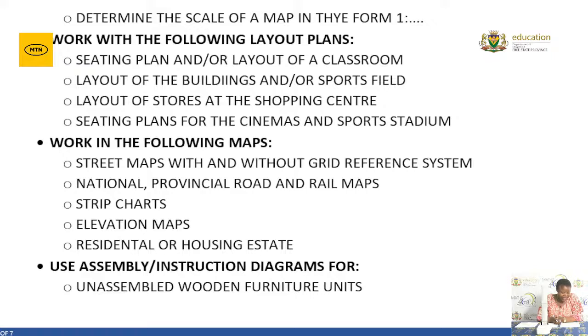And the other subtopic is using assembly or instruction diagrams for unassembled wooden furniture units, electrical appliances that require individual components to be connected, as well as Lego type kits.